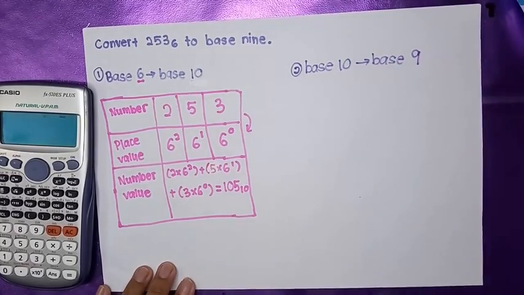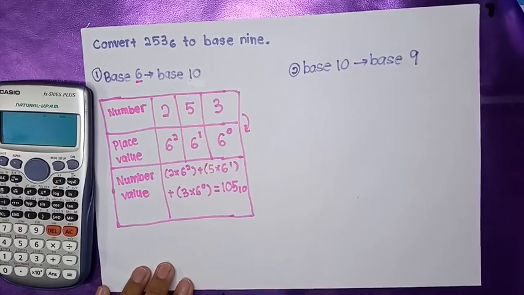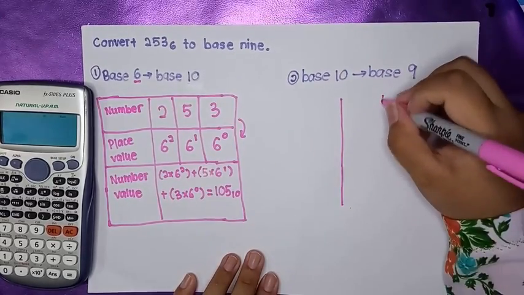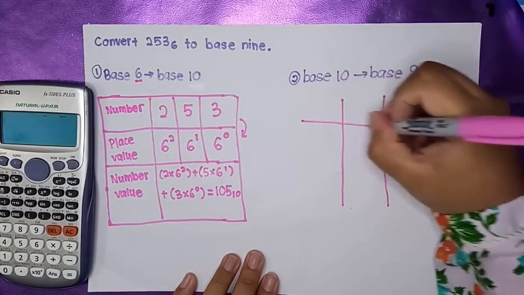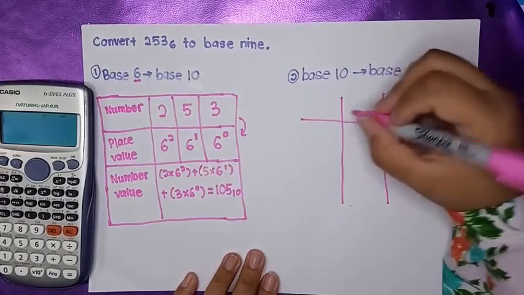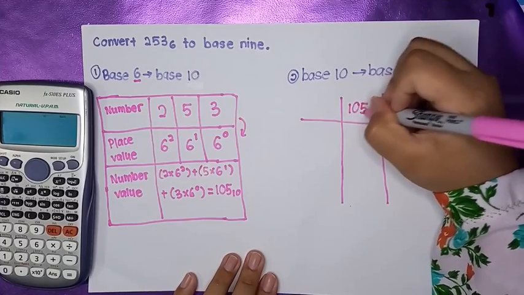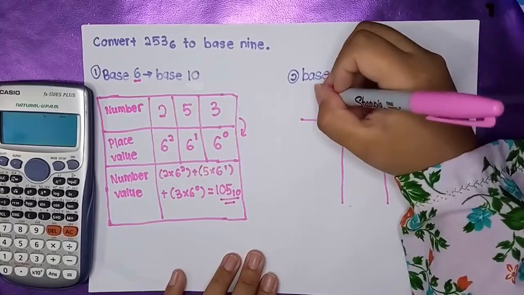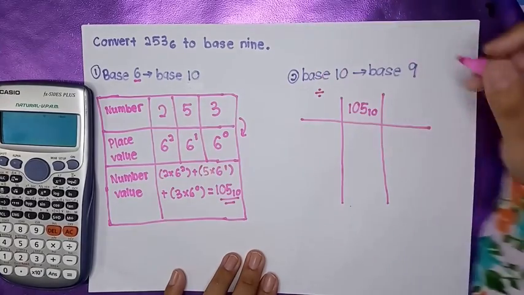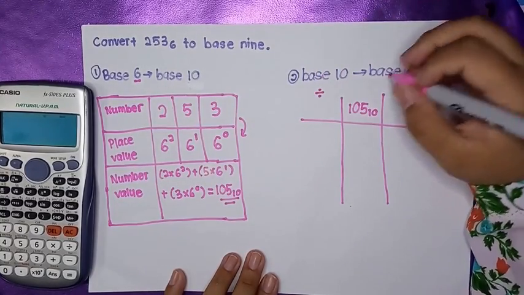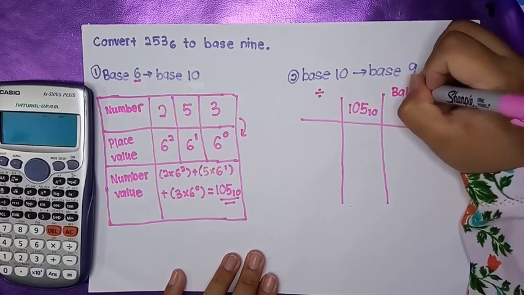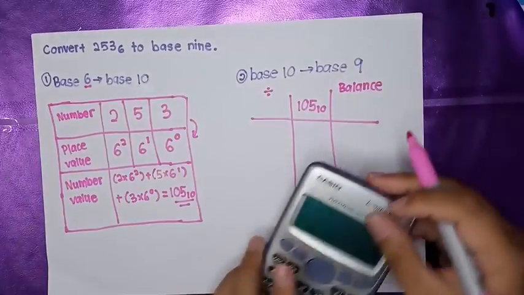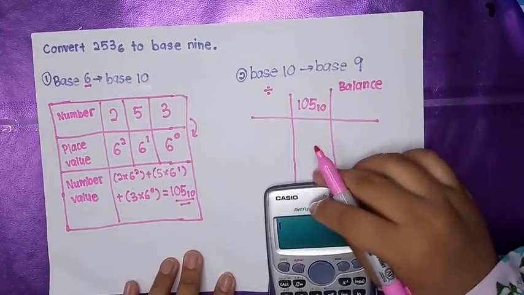By using the simple technique, we draw a table like this. Here is 105 base 10. We take this number and at the left is the division, at the right is the balance.